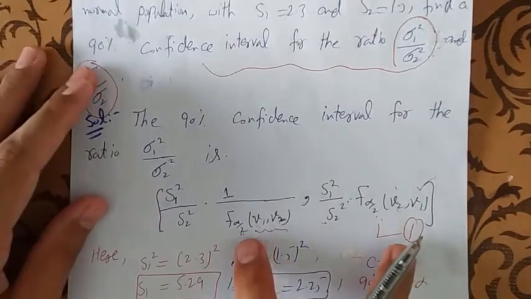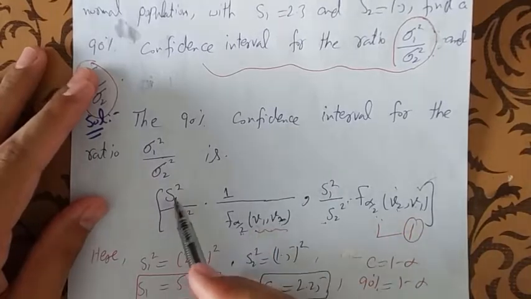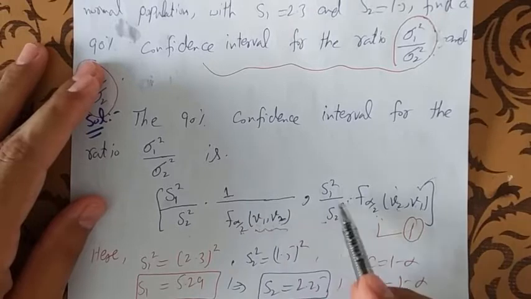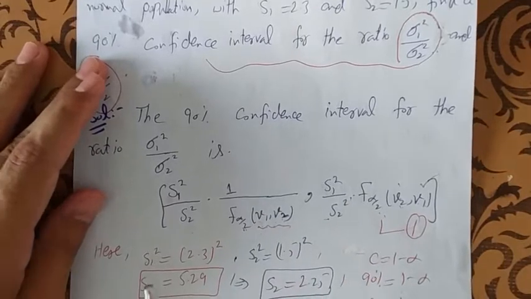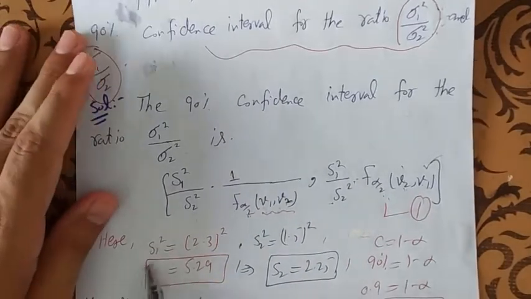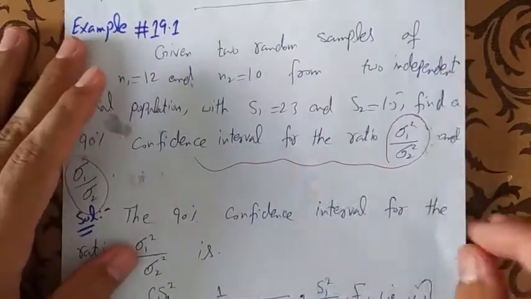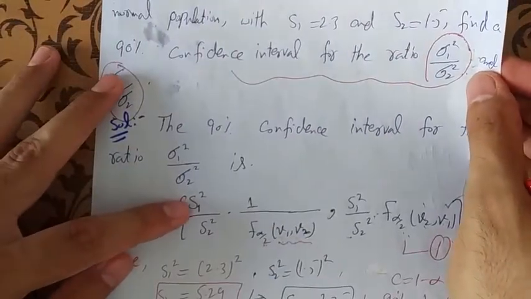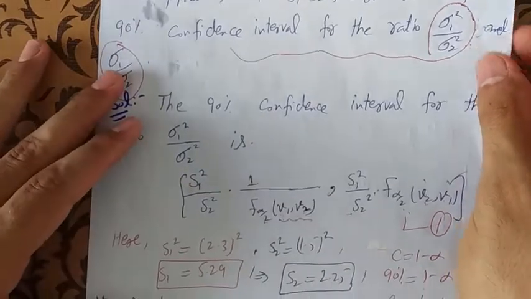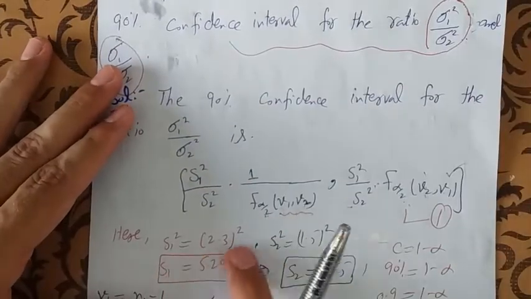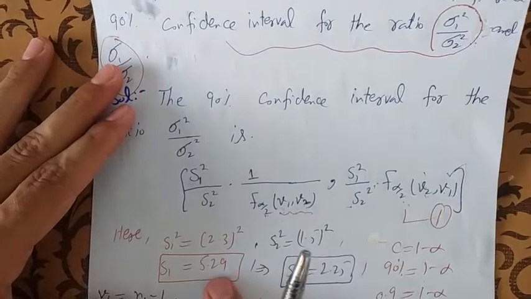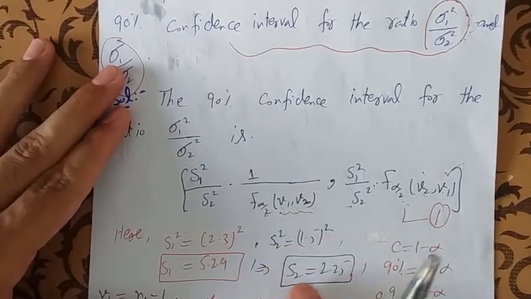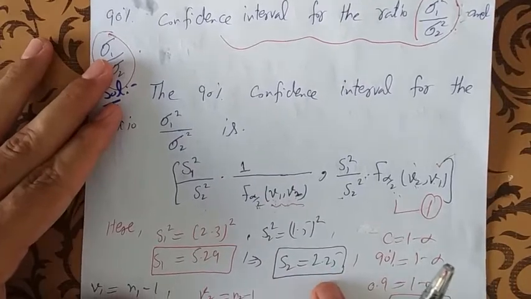To find the 90% confidence interval, we first have to find the values of s1, s2, and f alpha by 2, the value of f. Here s1 and s2 are given in the problem, and because the formula has squares, we find their squares. s1 square is 2.3 whole square, which is equal to 5.29, and s2 square is 1.5 squared, which is equal to 2.25.